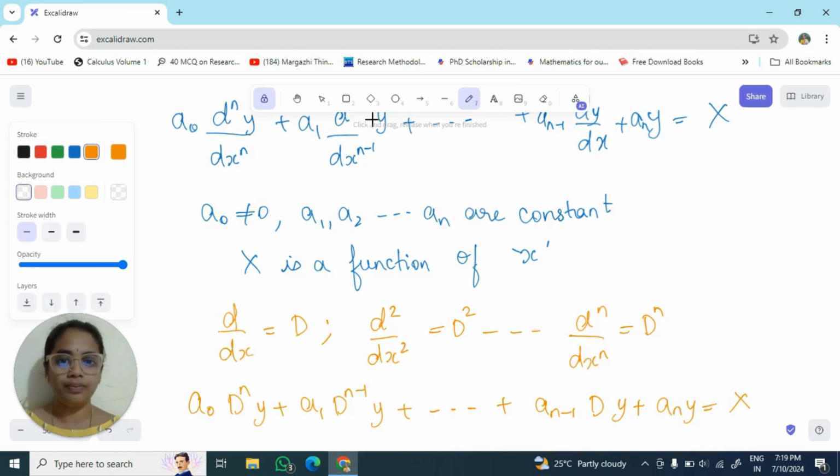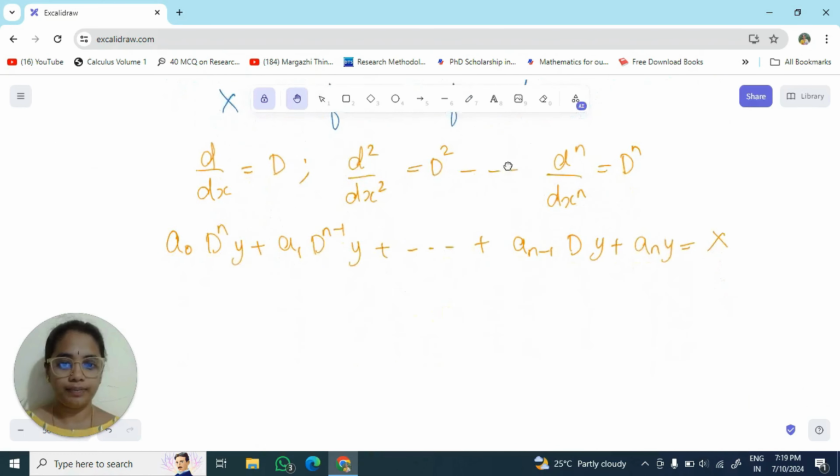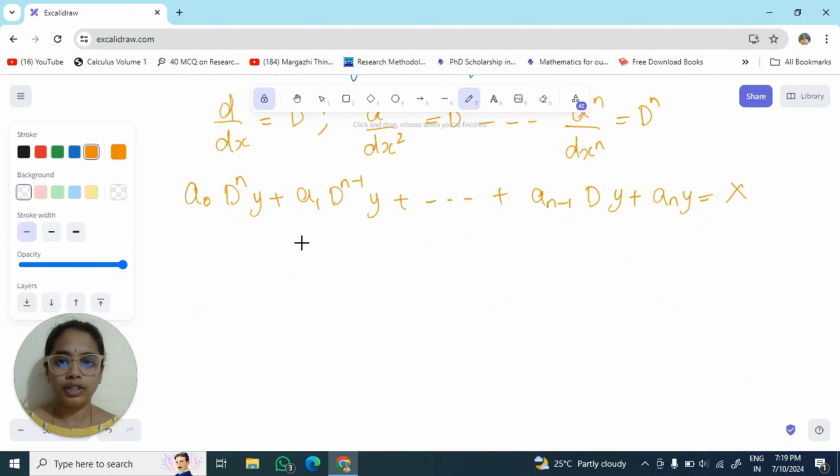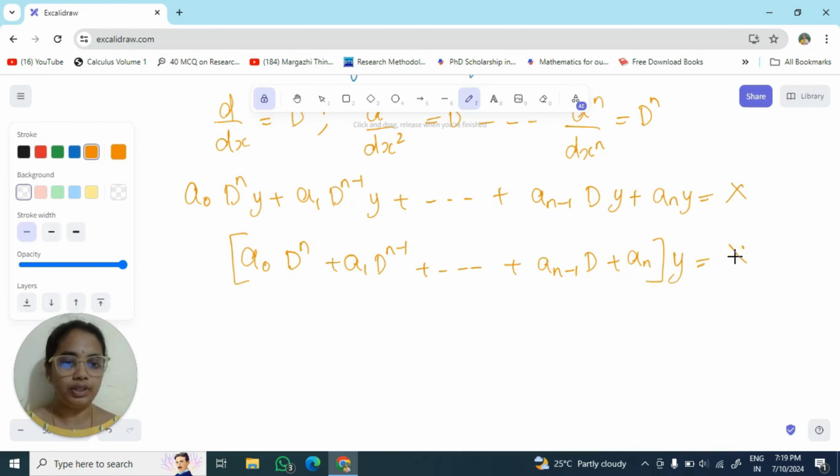This is equal to our X. Now clearly y is common in all of the terms, so let me take it out as common. I would get a naught D n plus a1 D n minus 1 plus so on up to an minus 1 D plus an, whole thing into y, is equal to capital X.